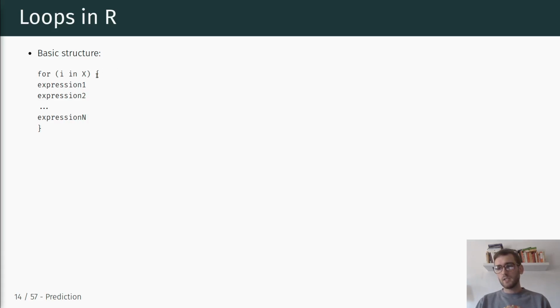And then we open the loop with these curly brackets, and then there are a couple of expressions, which could be functions, computations, creating new objects, that are then repeated for each iteration, where i is the counter that keeps track of which iteration we're ultimately in, right?